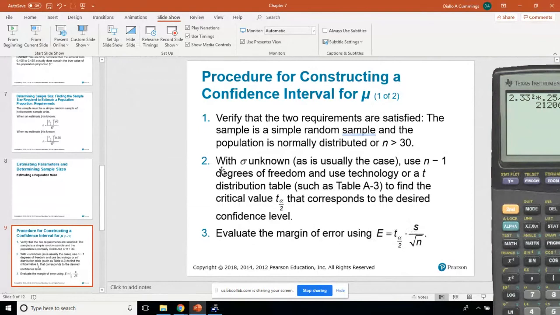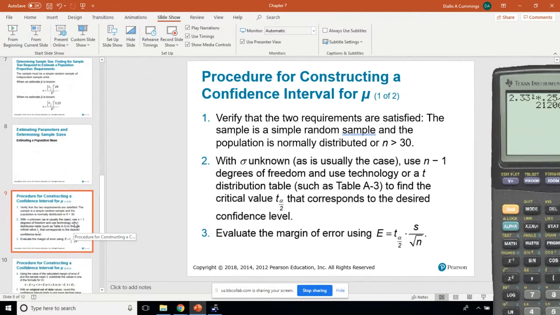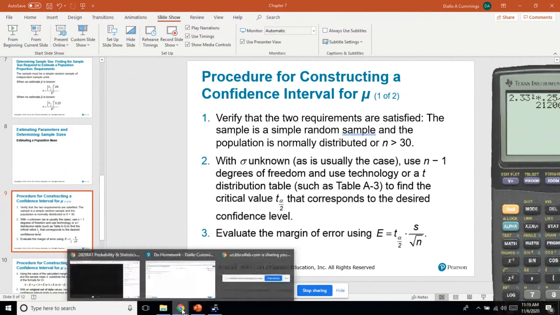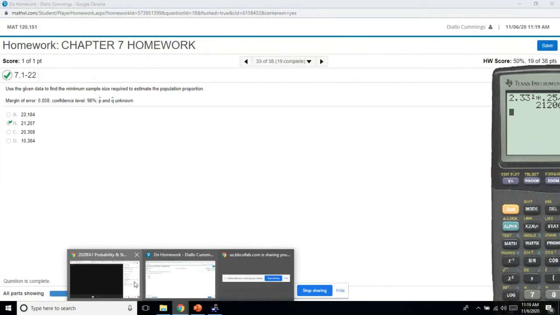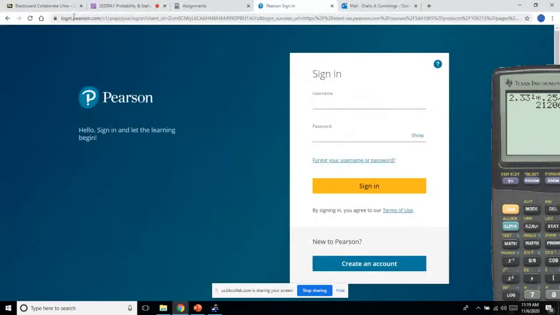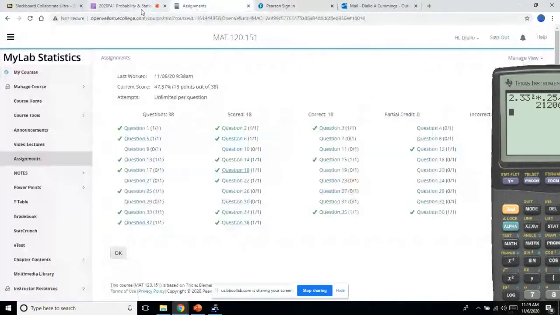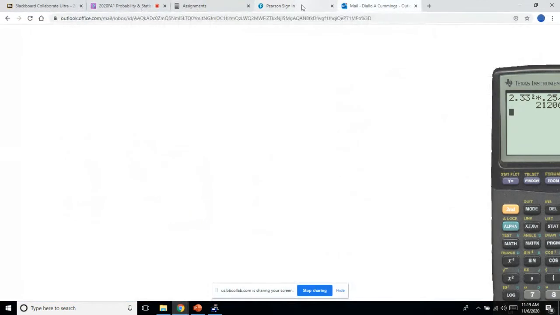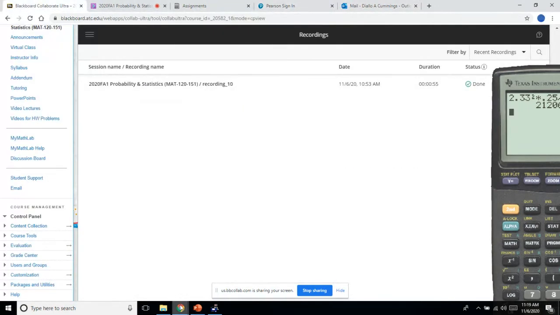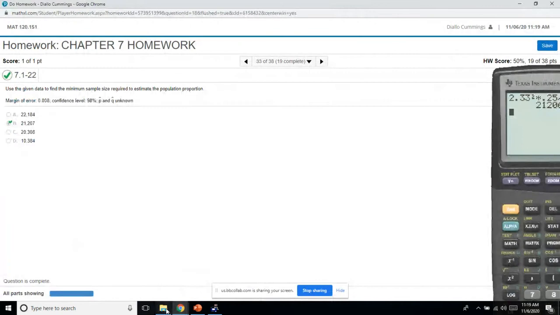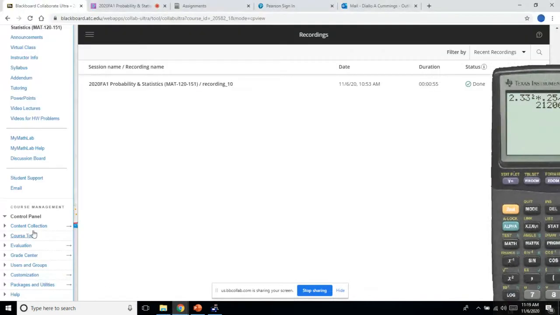Before we go any further, let's talk about this t-distribution and the degrees of freedom. I want to go to our textbook. And we'll turn the page, 318.